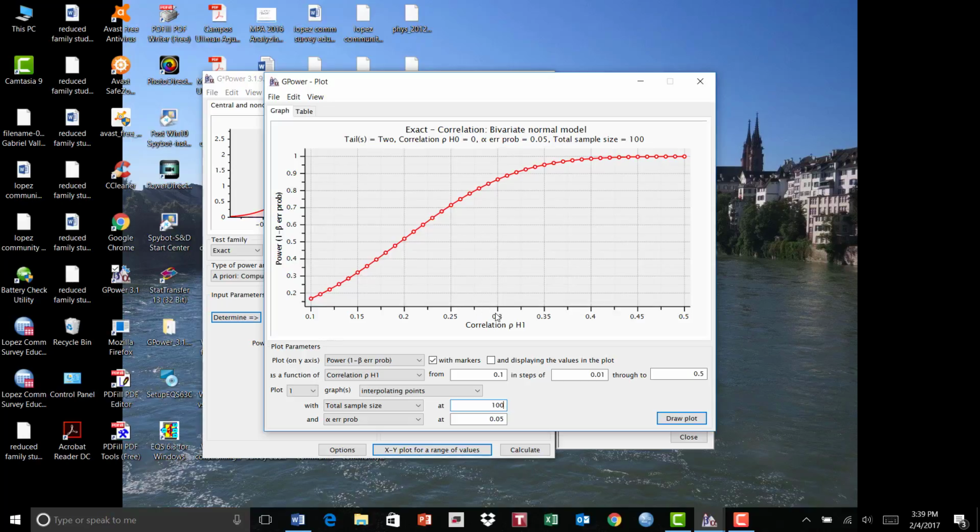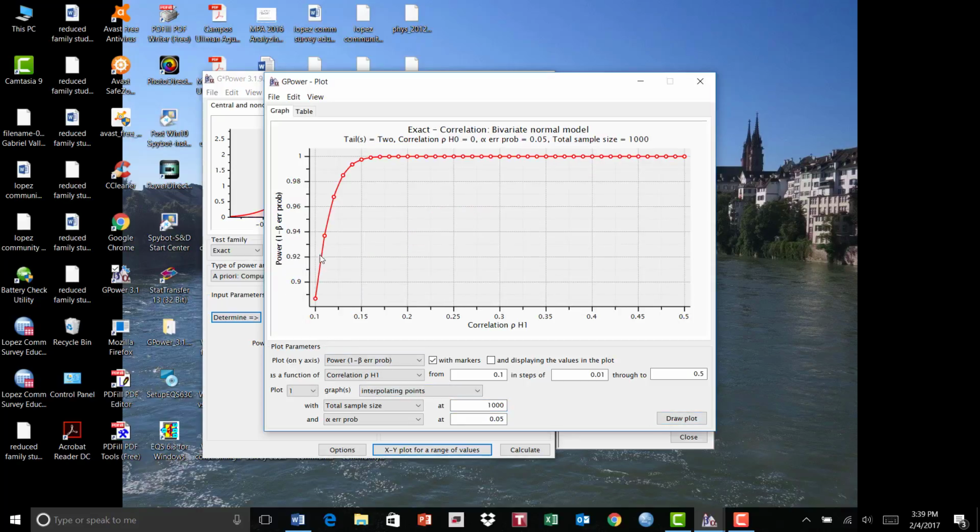I can detect perhaps a correlation coefficient that explains less than 9% of the variance. And we could be crazy. Let's just be silly for a minute and say 1,000. Not that you would do that. Well, gosh, if you have 1,000 people, my goodness, you can detect a tiny little relationship.